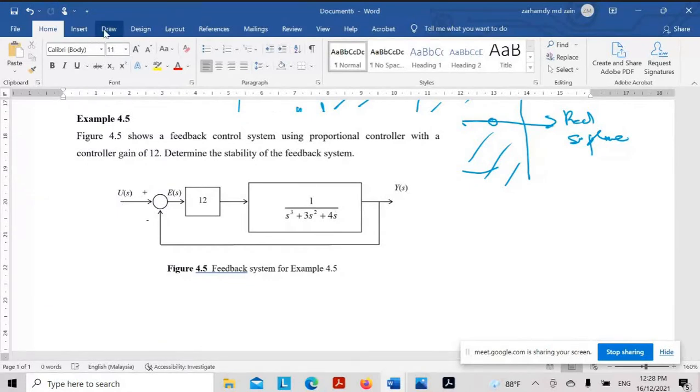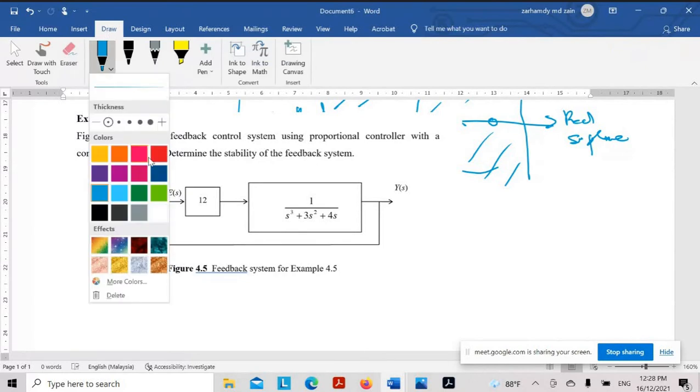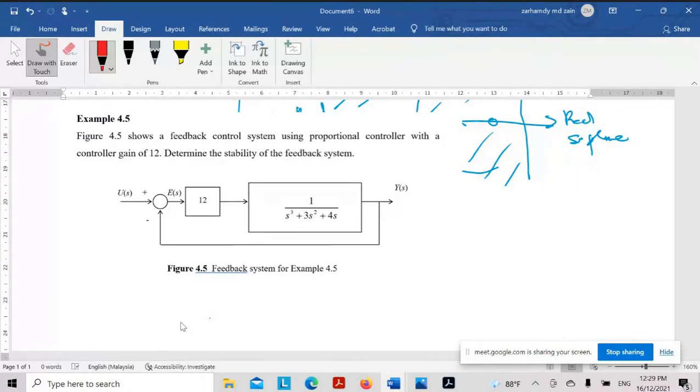So now what we want to do is come up with this transfer function. Our transfer function is Y over U equal to KGH over 1 plus KGH.